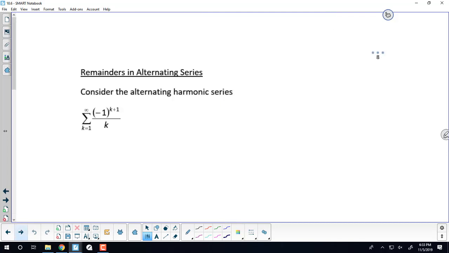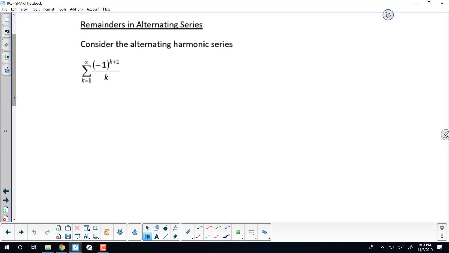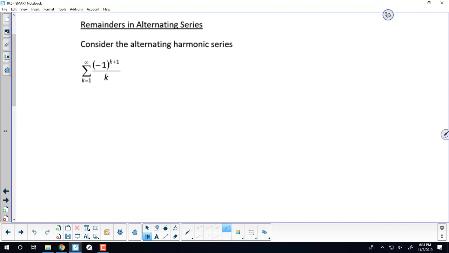So something we can do with the alternating series is put a bound on the remainder. Sometimes you'll see remainder expressed, or you might see errors, so they're kind of used interchangeably.